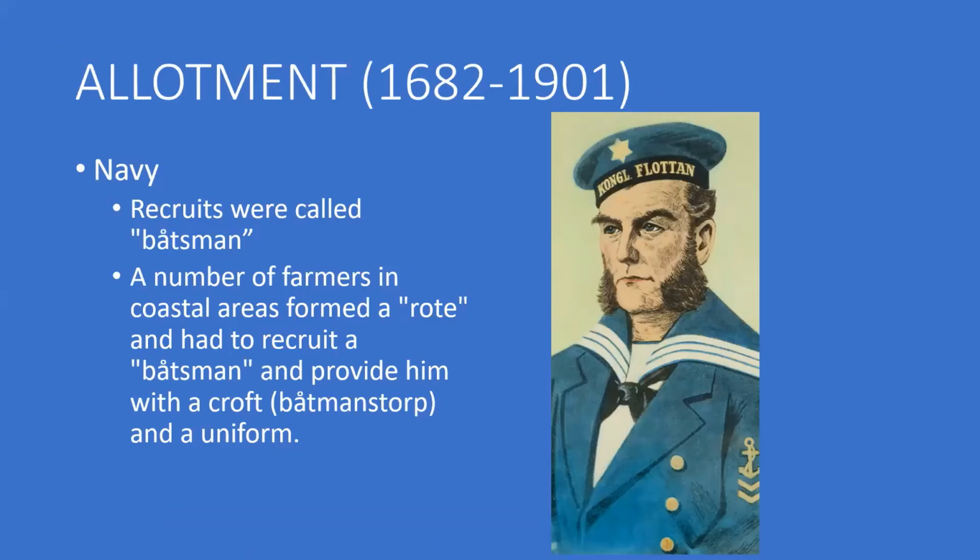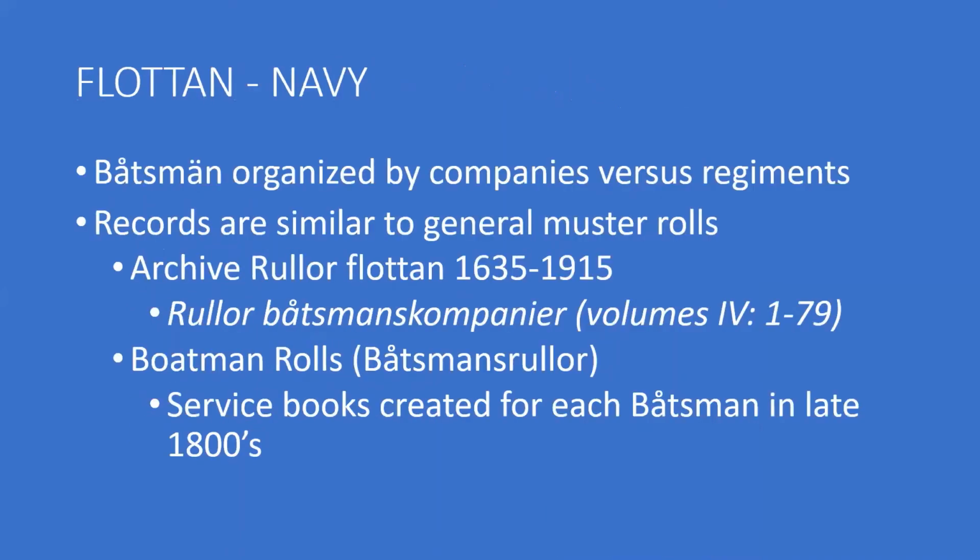Okay, for the allotment, and this is for the Navy. These are recruits, they were called boatsmen. And a number of farmers in the coastal areas formed a rote, and they had to recruit a boatsman and provide him with a croft. So this is a lot along the coastal areas. So I got a place to live and also a uniform. And these are organized by companies versus regiments.